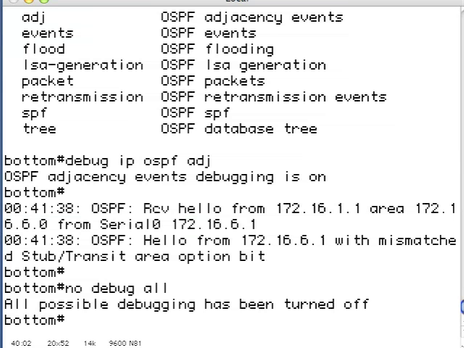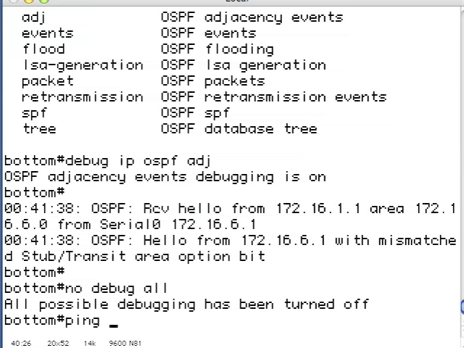So this is an impacting change. If you want to convert an area from non-stub to stub, you have to plan for an impacting change or use some other mechanism to get the packets to the destination, because as soon as you configure stub on a router, it's going to be mismatched from the other routers in that area, and all the neighbor relationships will go away.